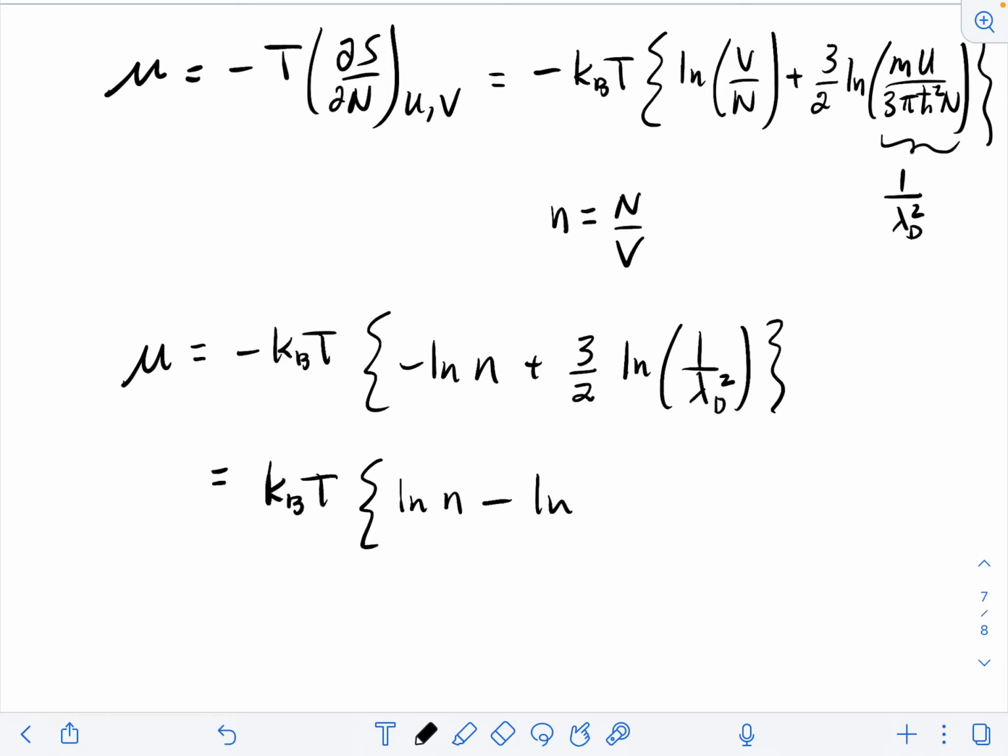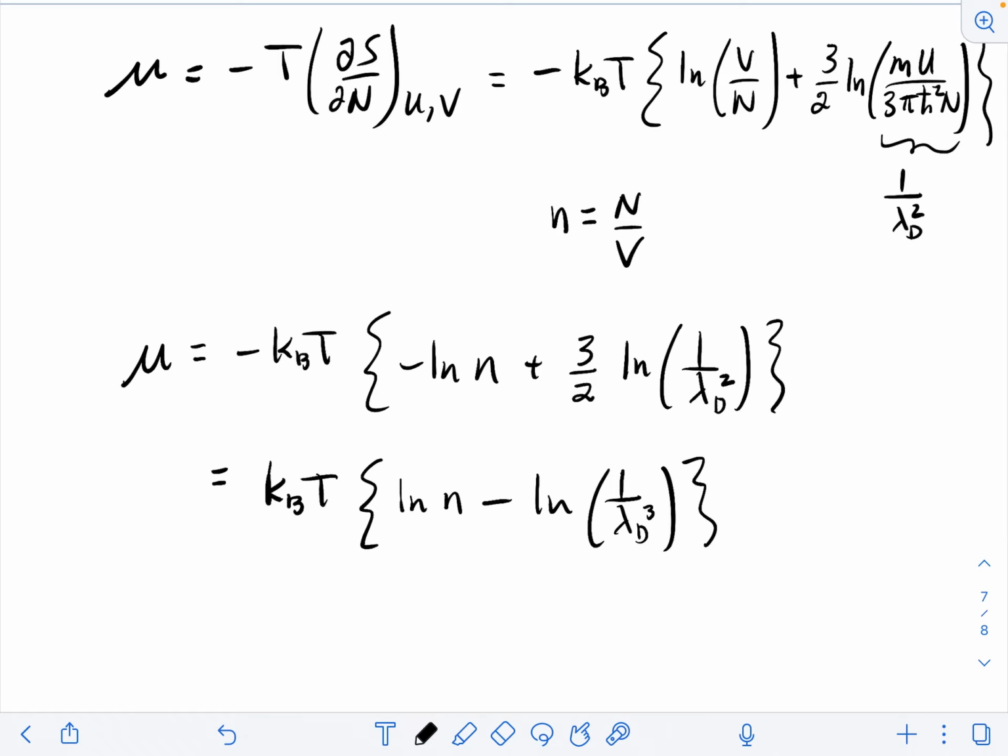But I could take the 3/2 coefficient and change that to a power, so I have 1 over lambda d squared to the 3/2 power, which becomes 1 over lambda d cubed. And so we get 1 over lambda d cubed.